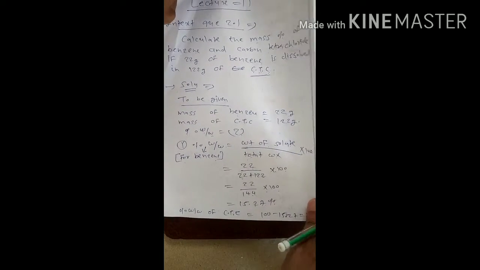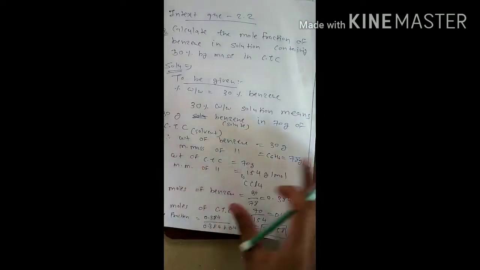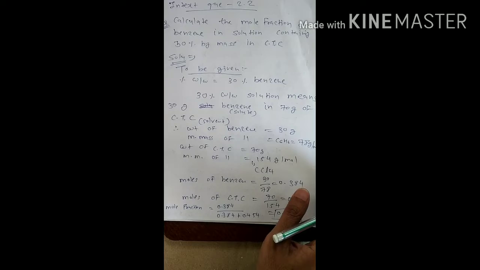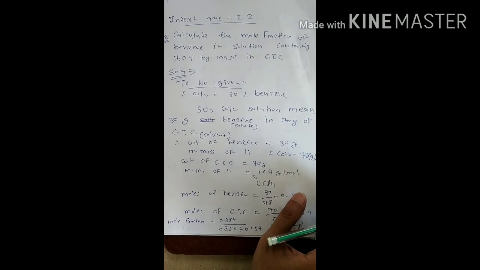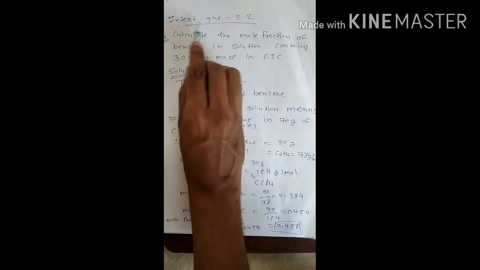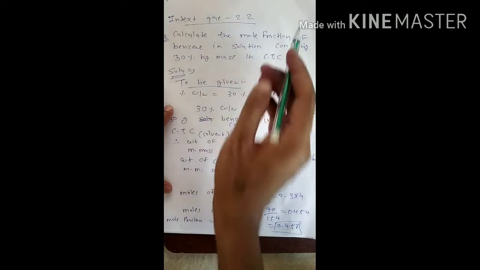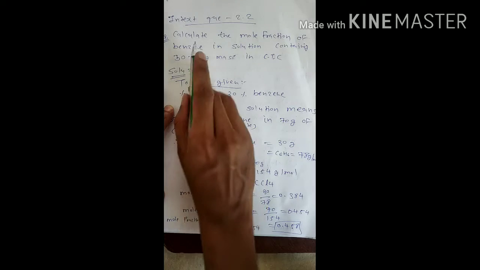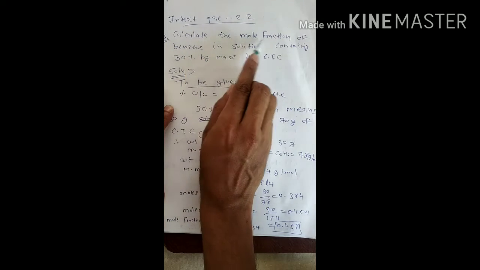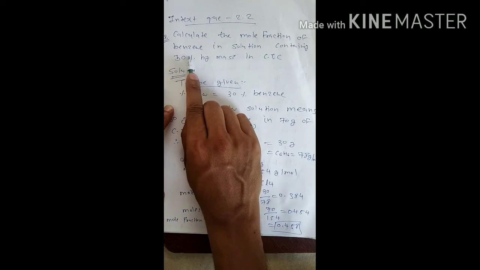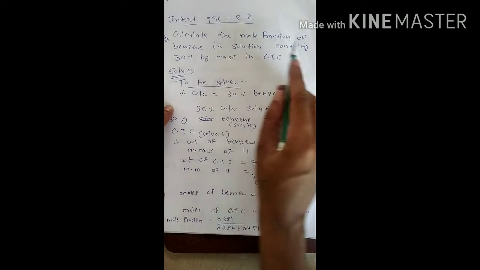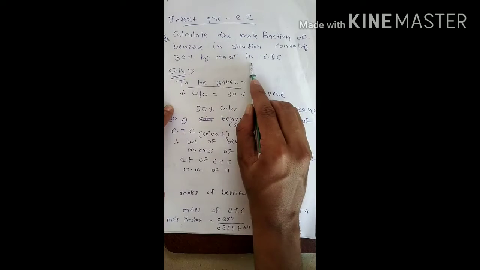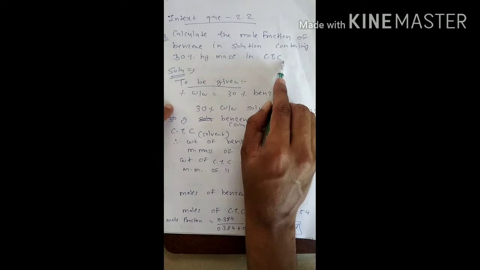Now second question. INTEXT question number 2.2. What is the question? Calculate the mole fraction of benzene in solution containing 30% by mass in carbon tetrachloride.